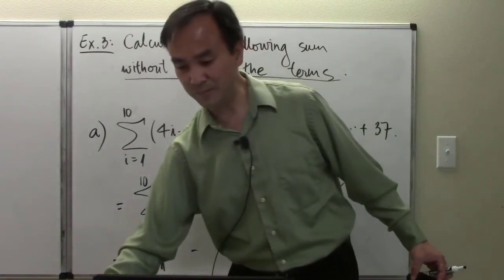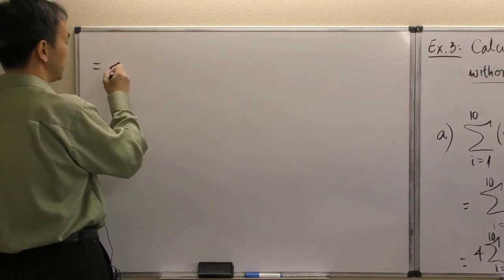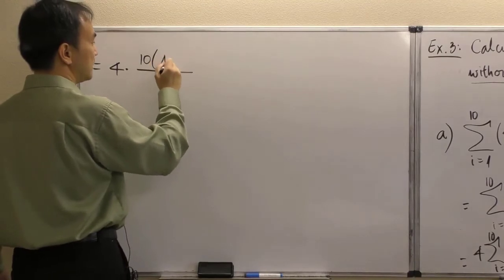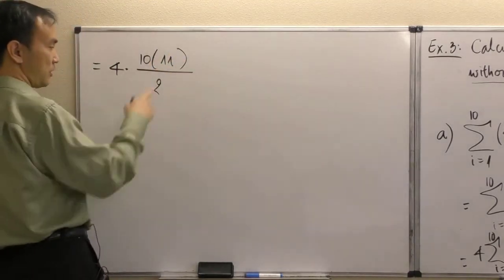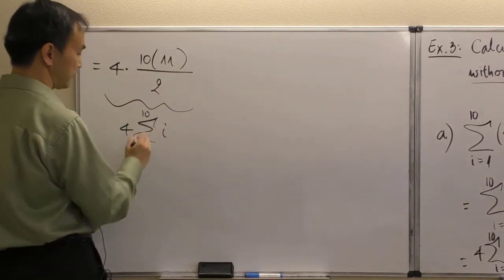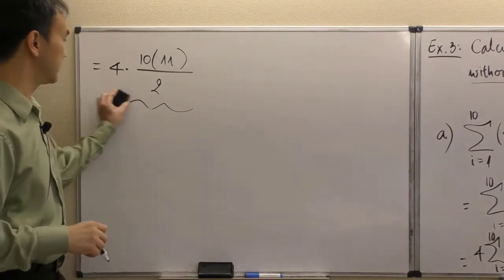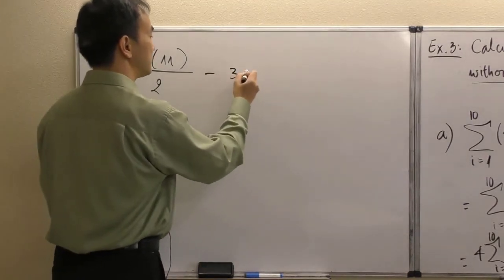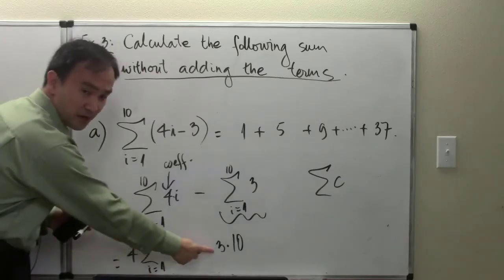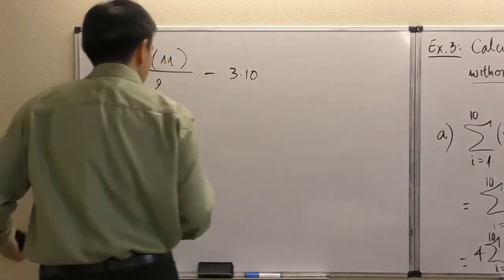So now on my next board, I'm looking at that summation, 4 times 10 terms times 11 over 2. That takes care of the 4 times the summation of i from 1 to 10. And then minus 3 times 10 from the other part of the sum that I had earlier. Now we are ready to complete our final sum.